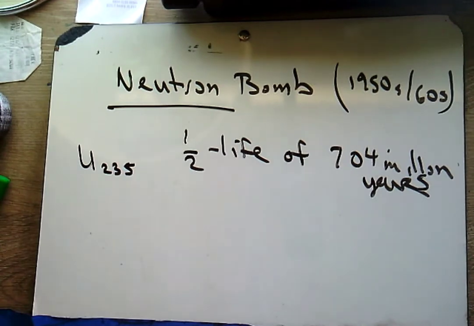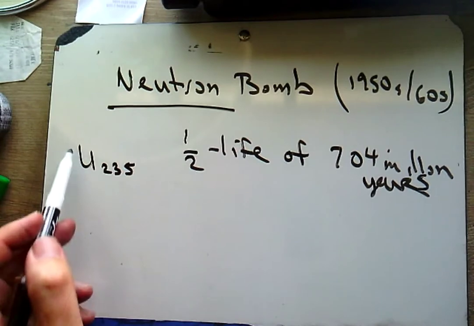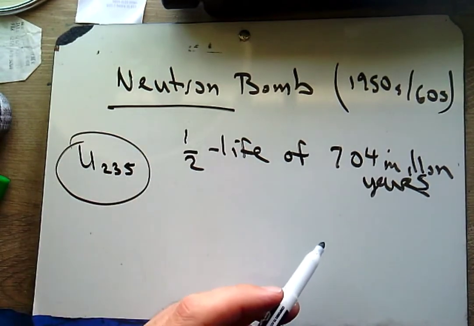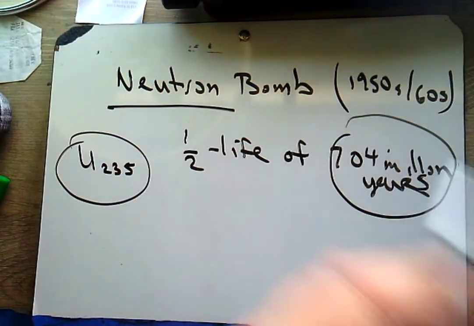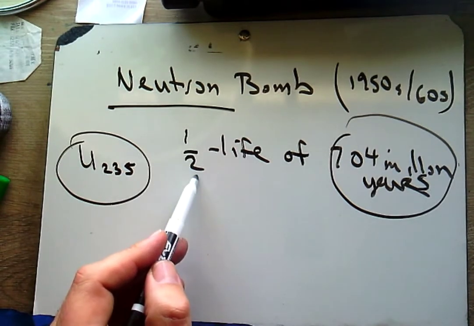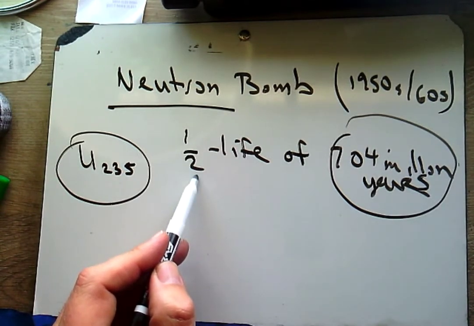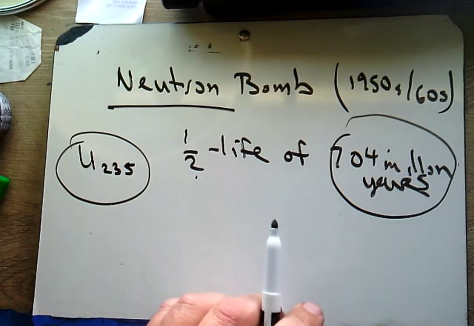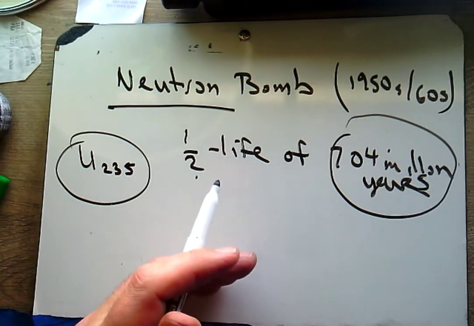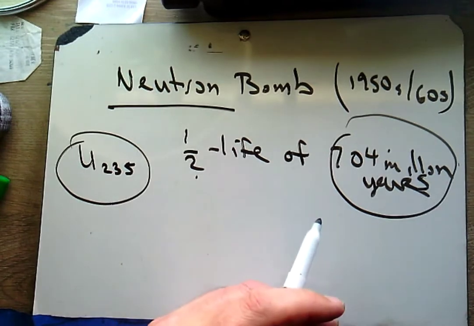The problem with that thinking is that if you're using this in your bombs, it's gonna be 704 million years until you have only half the original amount. So it's not gonna be safe to go and get those things that you wanted.